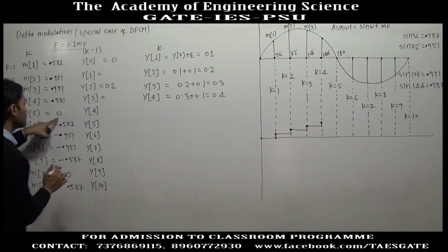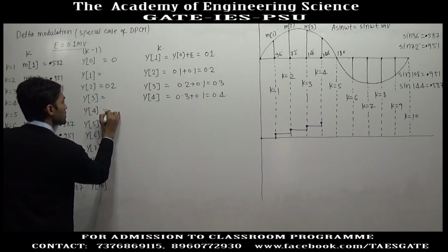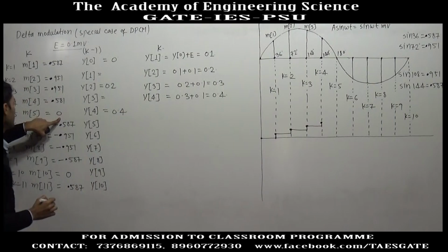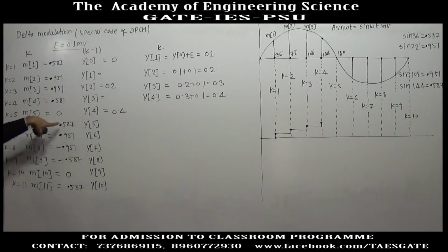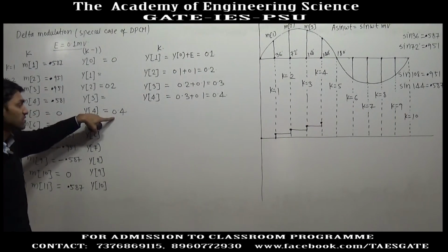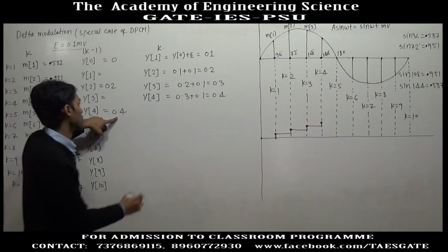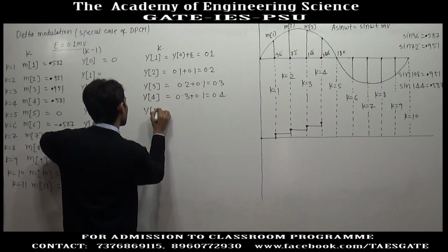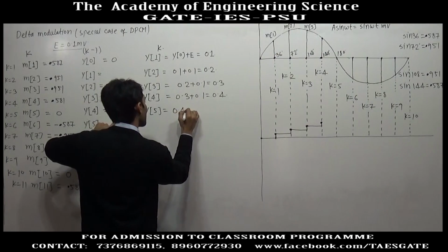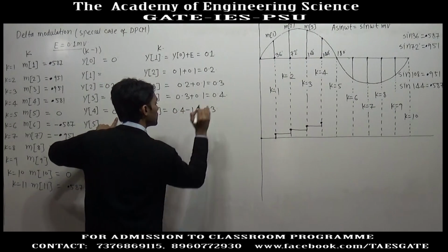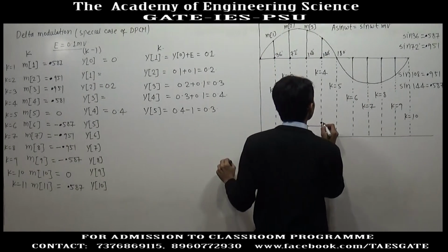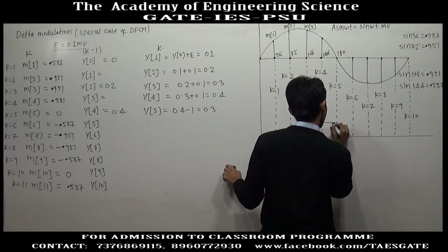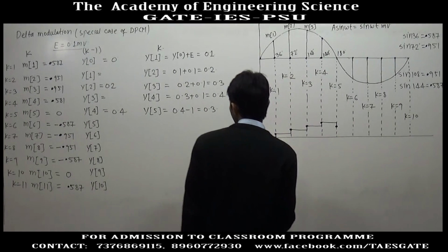Now, m5 is 0 and y4 is equal to 0.4. At this point, the previous output is greater than the present input, so we will subtract the threshold from the previous output. So, y5 will be 0.4 minus 0.1, this is 0.3. So, at k equal to 5, we subtract 0.1. This is the output at k equal to 5.